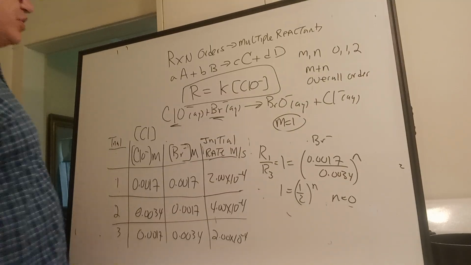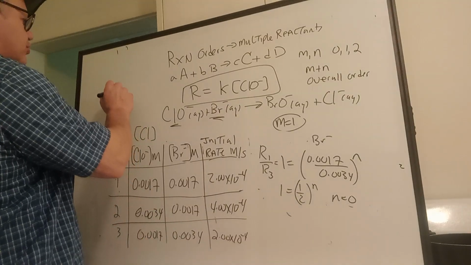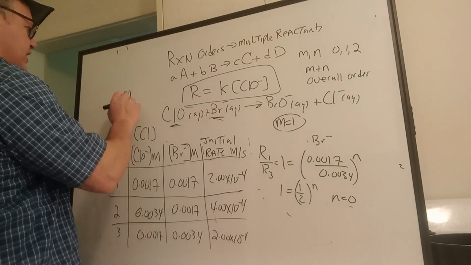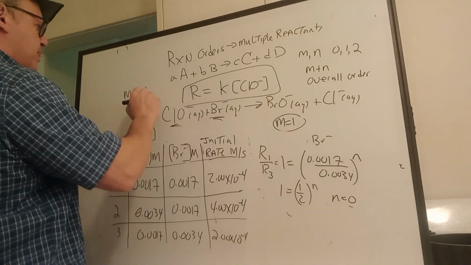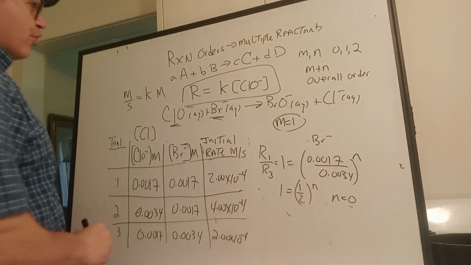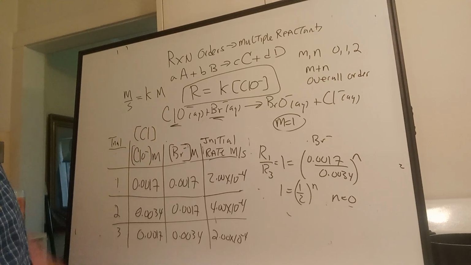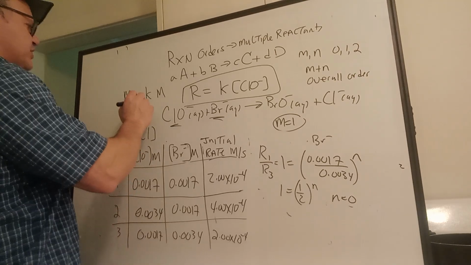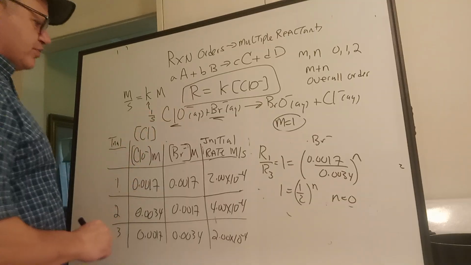If we wanted to know the units, rate is going to be in units of molarity per second. We're told that. And we have k, and then molarity for the species ClO minus, which was measured in molar units. That means k has to have units of 1 over seconds.